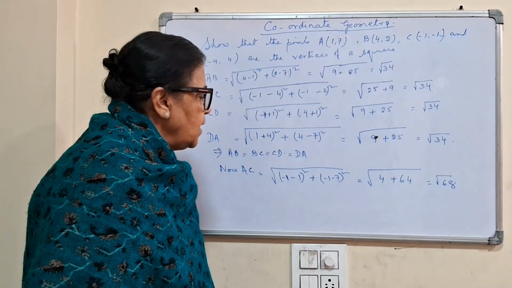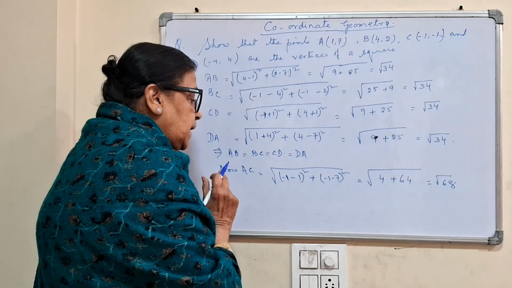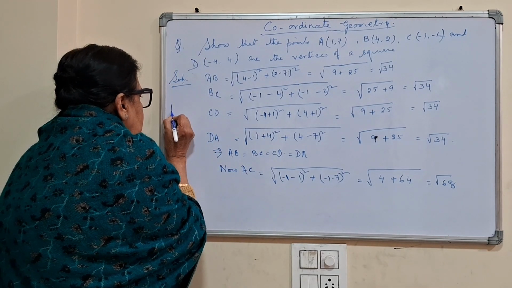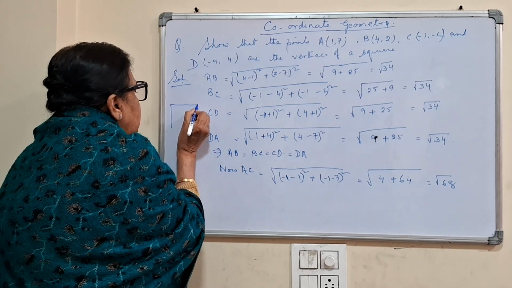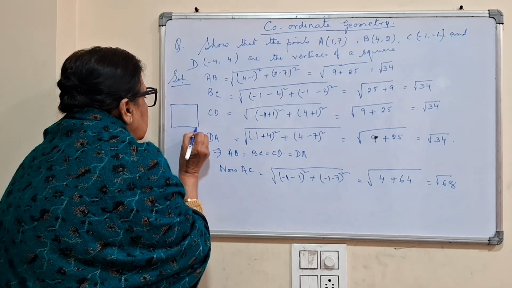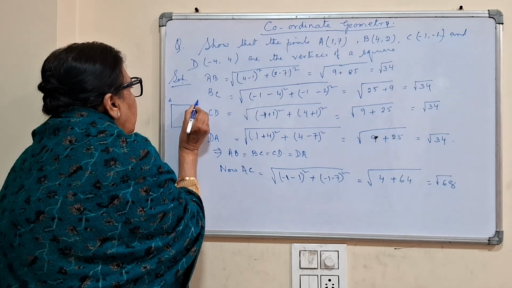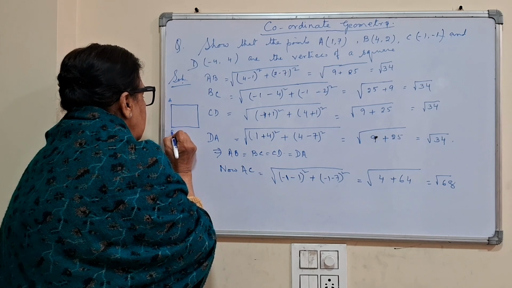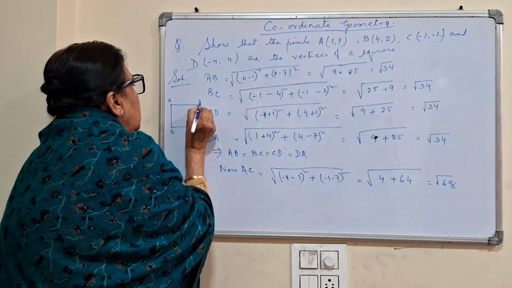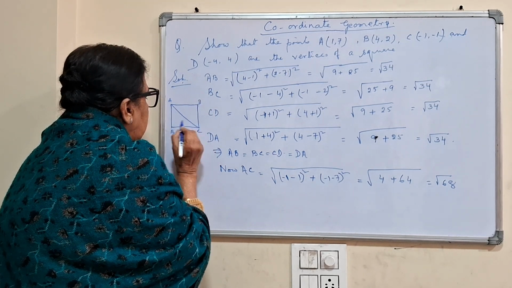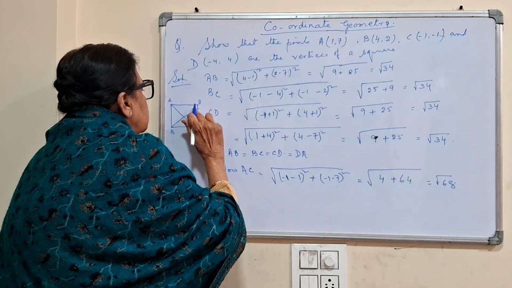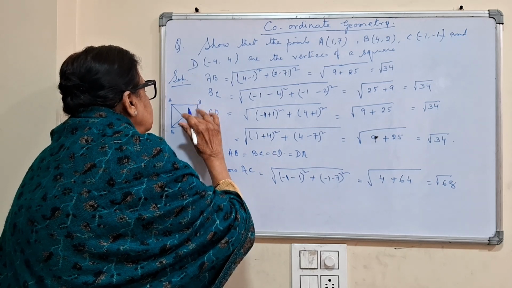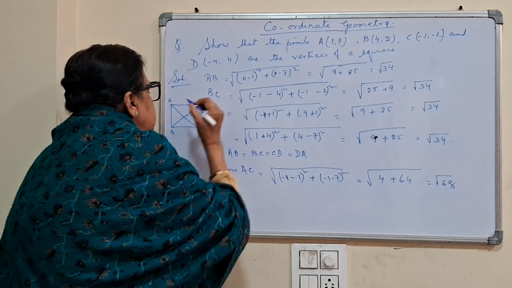Now I can name the other diagonal. If this is the figure ABCD, which are the diagonals? AC is a diagonal and BD is a diagonal.